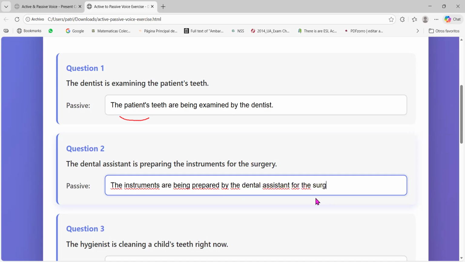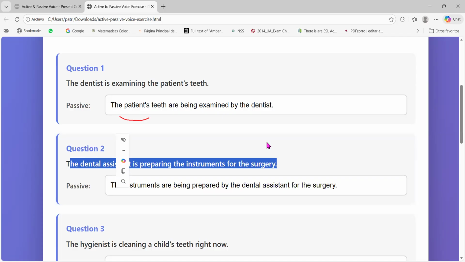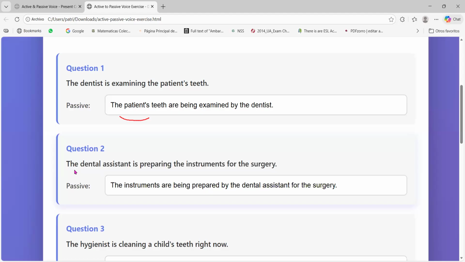Yes, for the surgery. Okay, my dear Sarah, could you read the original sentence in progress? The dental assistant is preparing the instrument for the surgery.